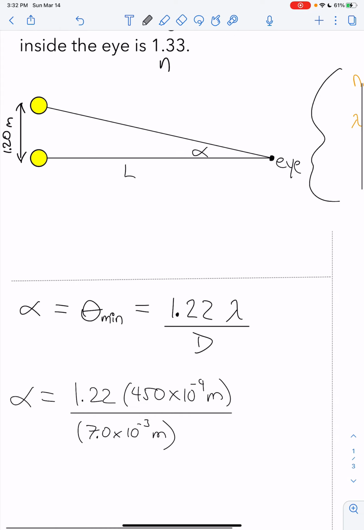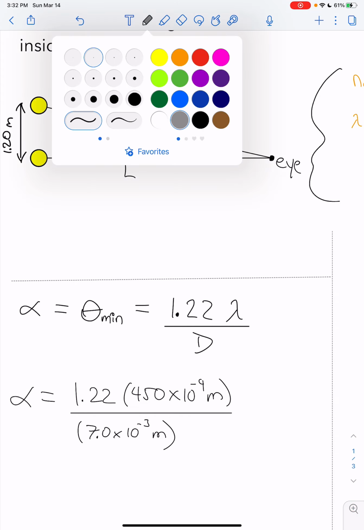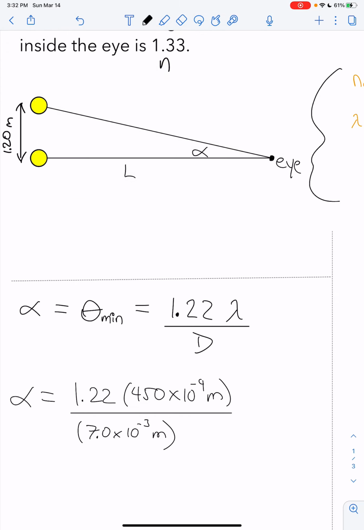So what's our relationship here? Let's take a look at the triangle. Alpha is an angle, so we can put it in terms of its opposite and adjacent.